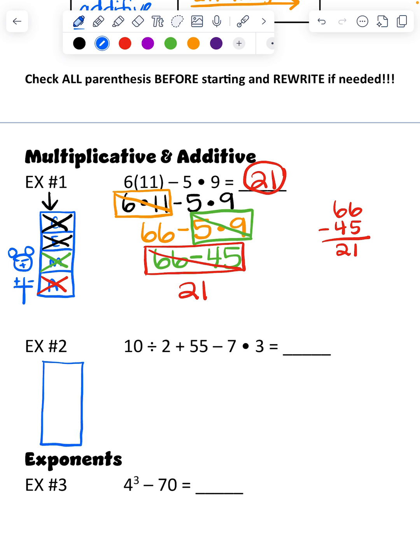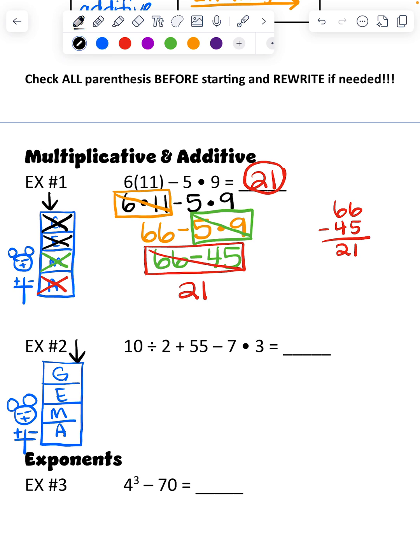So I draw my GEMA tower, 4 sections, G, E, M, A. And I draw a little integer man here to remind me I might need him. And a little positive negative table just in case for my additive section. And I work my way down my tower.